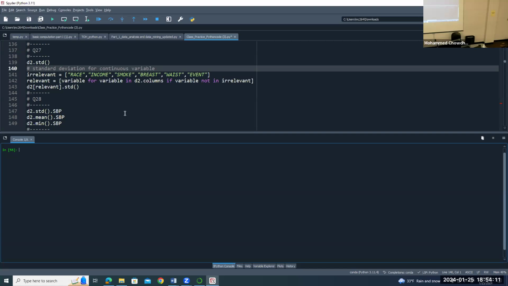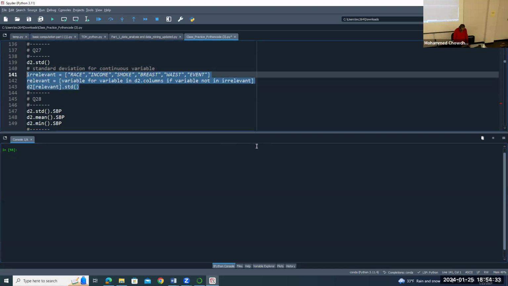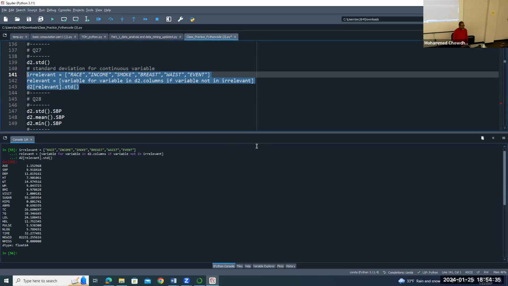So that means D2.columns keeps all the variables that are not in the irrelevant. And then you can find the standard deviation for all quantitative variables.